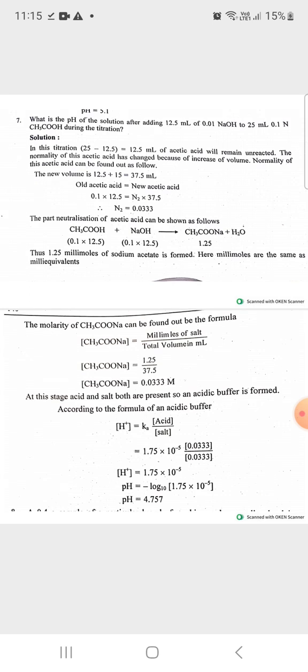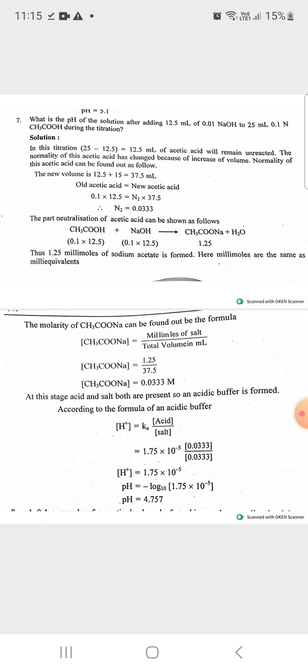Then the molarity of CH3COONa can be found out by the formula: CH3COONa is equal to millimoles of salt upon total volume in ml. CH3COONa is equal to 1.25 upon 37.5 is equal to 0.0333 molar, that is its molarity we have determined.